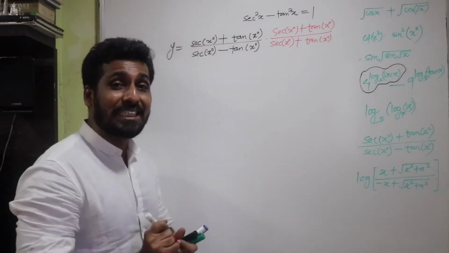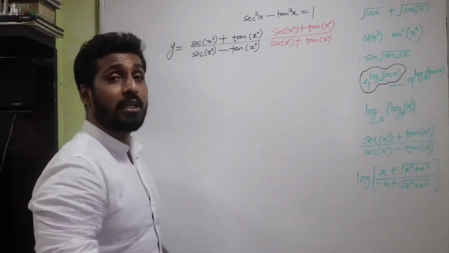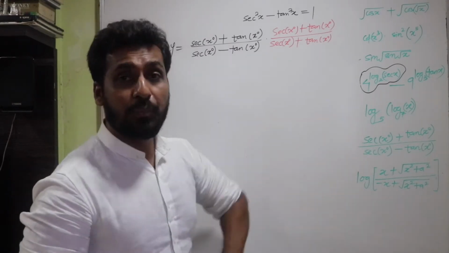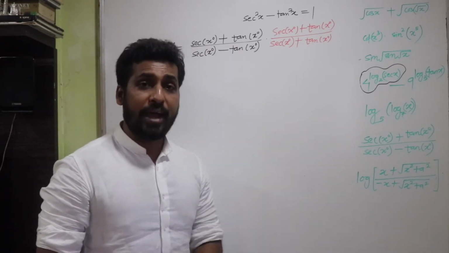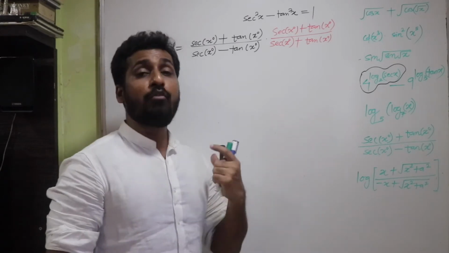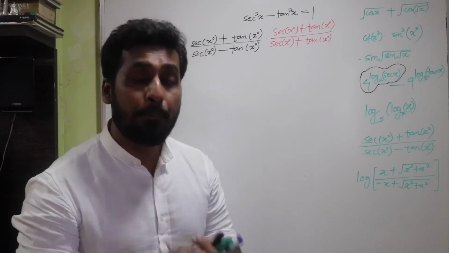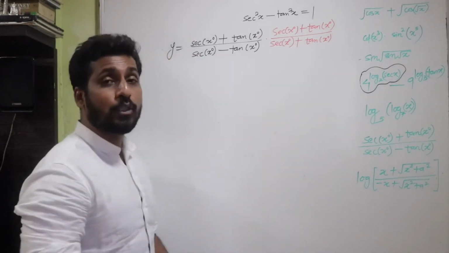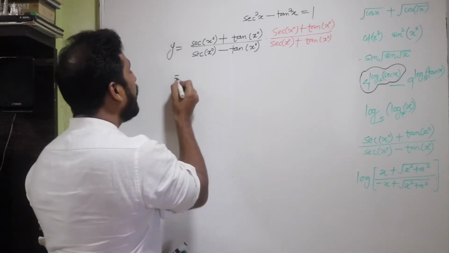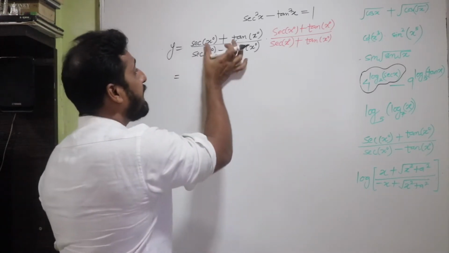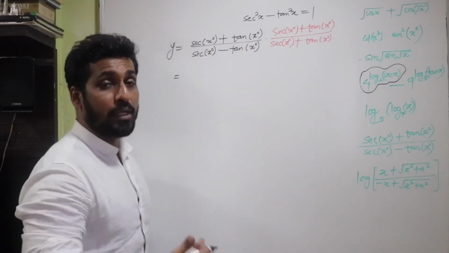Now the denominator looks like a minus b into a plus b, and we all know that a minus b into a plus b is a square minus b square. So here also I'm going to get a square minus b square. In the numerator, it is a plus b and a plus b, so that becomes a plus b the whole square.